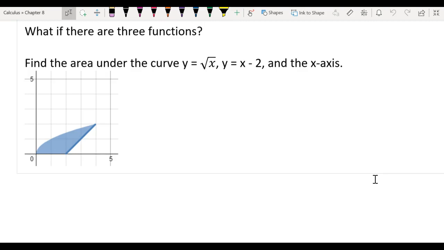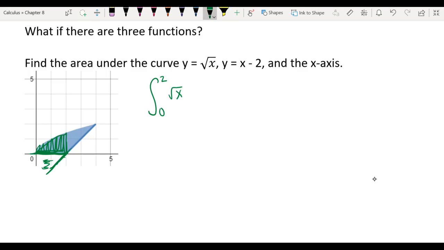If this had kept going, it should have been all the way down here, but it cut it off here. And so when something like that happens, you would do the integral from 0 to 2 of square root of x, because it's just area under the curve to the x-axis like that first one we did.